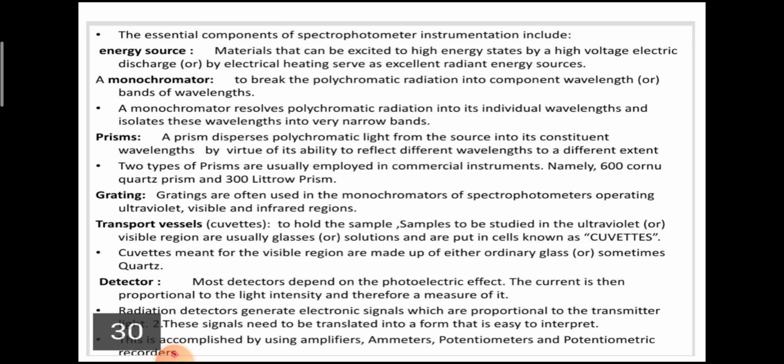If monochromators are used as a slit, that instrument is called simply a photometer. But now we discuss spectrophotometers. That means filters are used as a slit, so those instruments are called spectrophotometers.